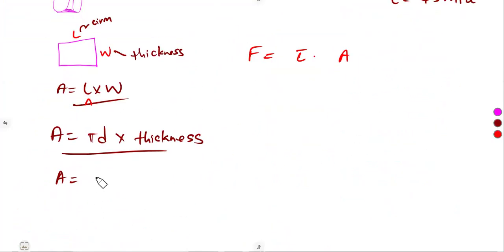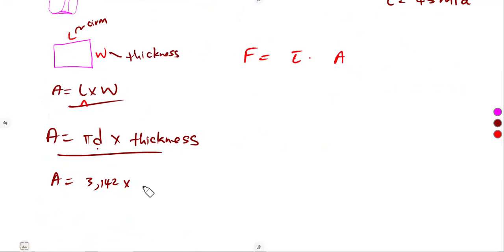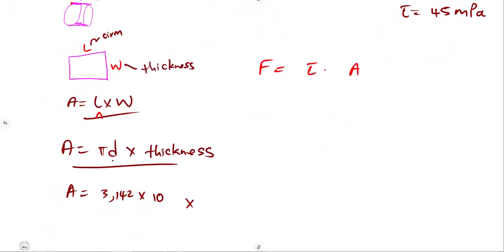So our pi we are given as 3.142 times the diameter in millimeters, as it is 10 millimeters. So we have this one as the length times the width, which is the thickness. Our thickness in millimeters is 3 millimeters.